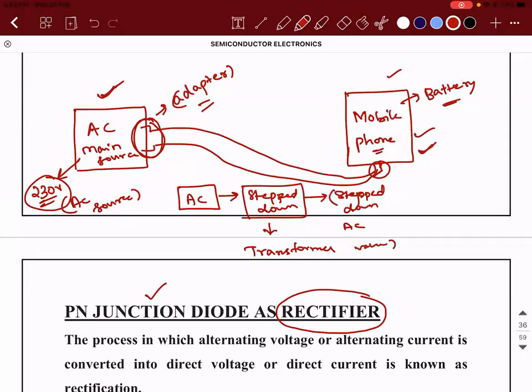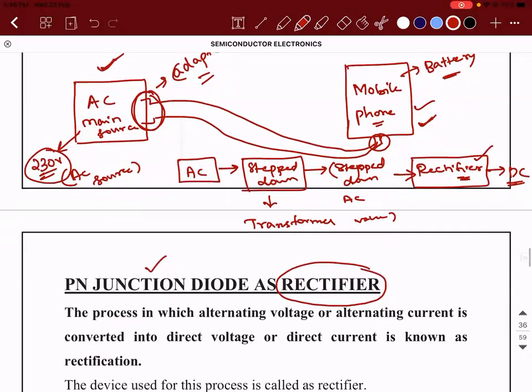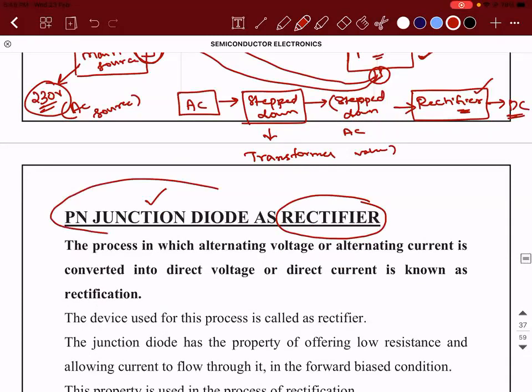We need to connect this across a device which can give us a DC output, correct? This device is called a rectifier. And the device which can act as a rectifier is a PN junction diode. Did you understand what I meant? Are you guys able to understand the story?